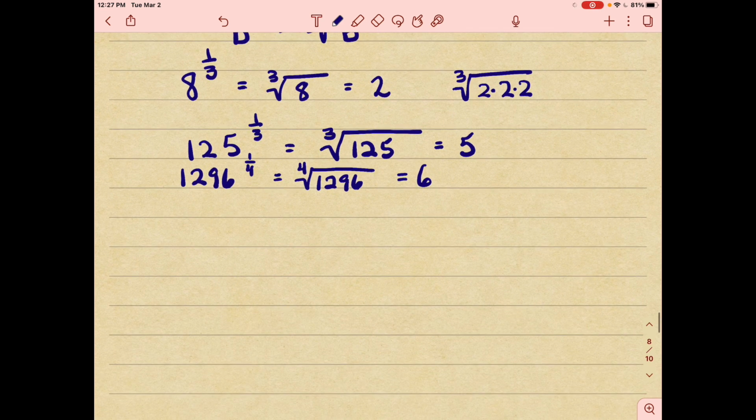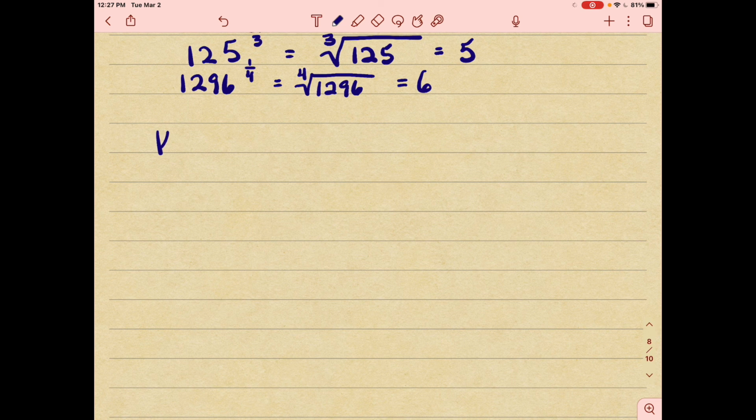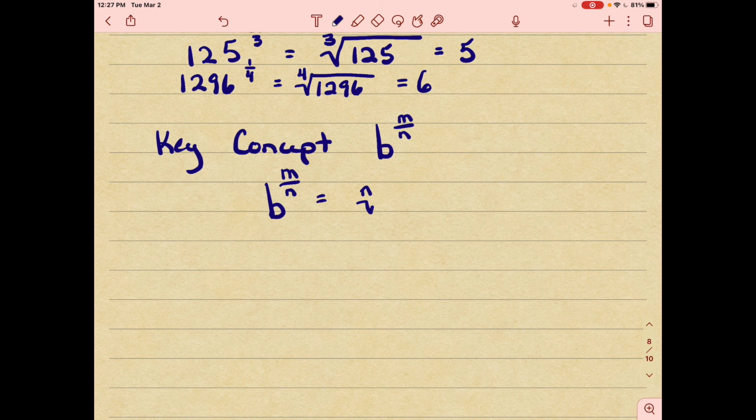Okay, so let's move on to another key concept that's just one more step further. Key concept. How many times have you written that now? A bunch. B to the m over n. I've already told you this, but let's sum it up. If I have b to the m over n, that is going to equal the nth root of b to the m.